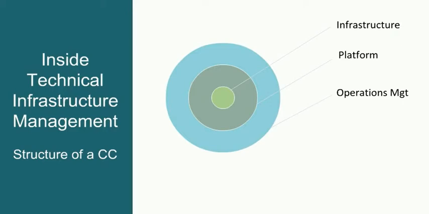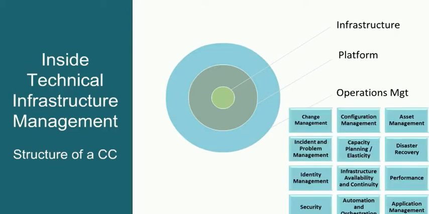And the next category is the IT operations management, which has a large number of CBBs, which I'll briefly go through. There's ones to cater for change, configuration, and asset management. You need to consider how you deal with incident and problem management, how you deal with capacity and disaster recovery. You need to consider your security and identity management.